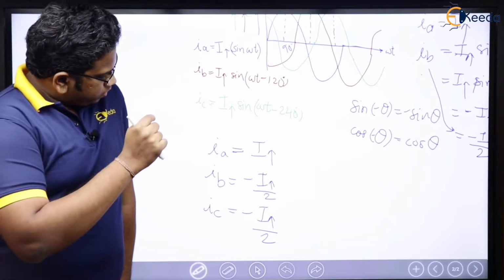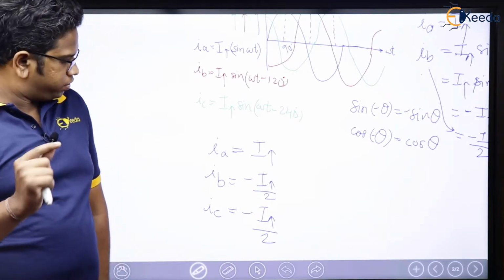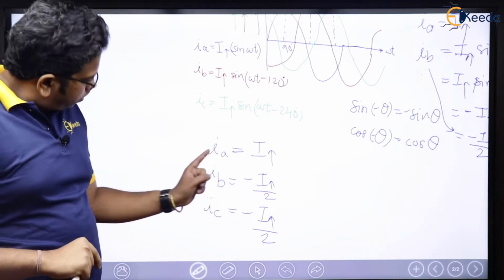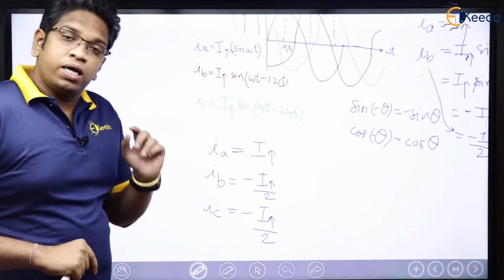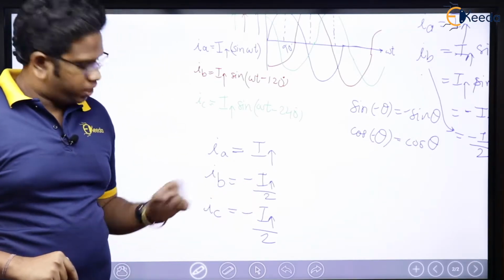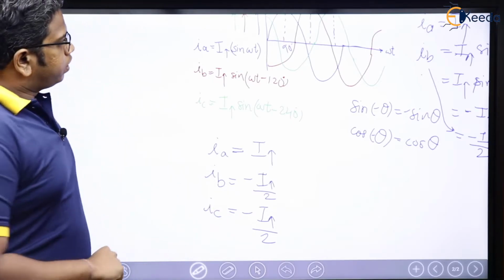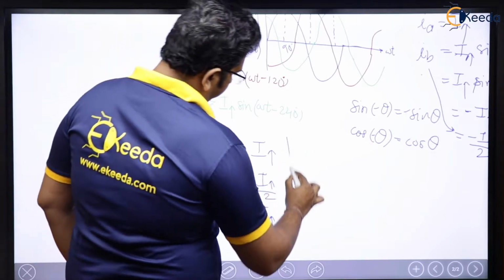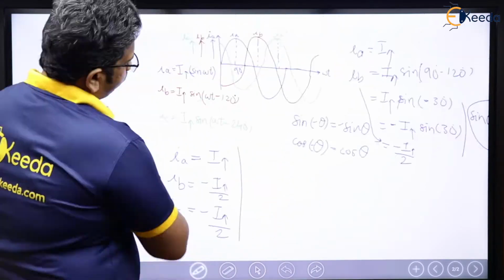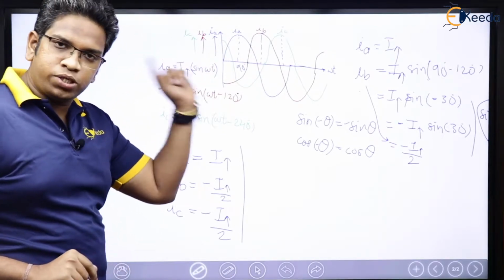Now is this valid for B phase and C phase as well? See, when IA is I maximum, we are saying IB is going to be half of negative maximum. IC is half of negative maximum. Now, what about when IB is positive maximum?